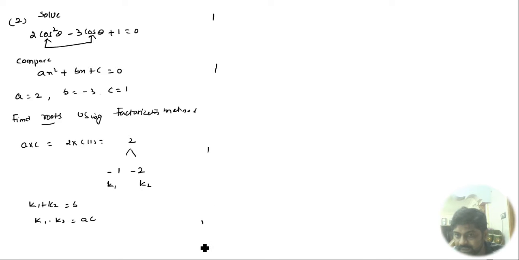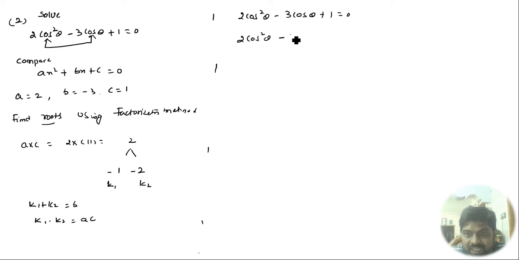Okay, we have written 2 cos square theta minus 3 cos theta plus 1 equal to 0. 2 cos square theta minus 3 cos theta can be written as minus 2 cos theta minus cos theta plus 1 equal to 0.